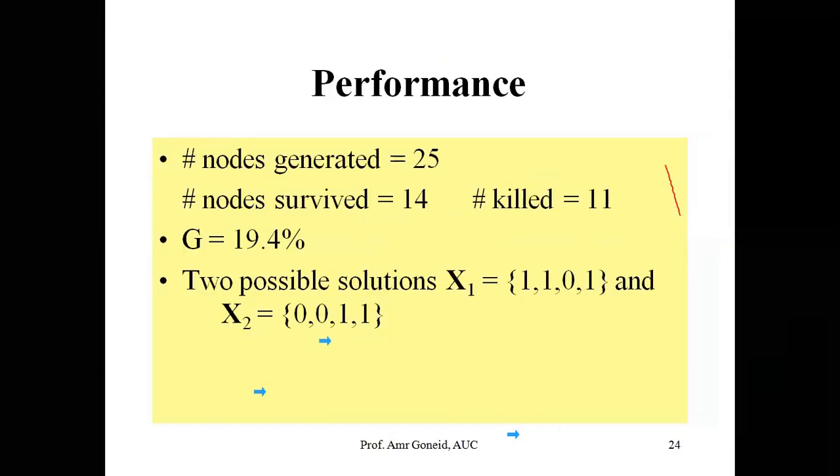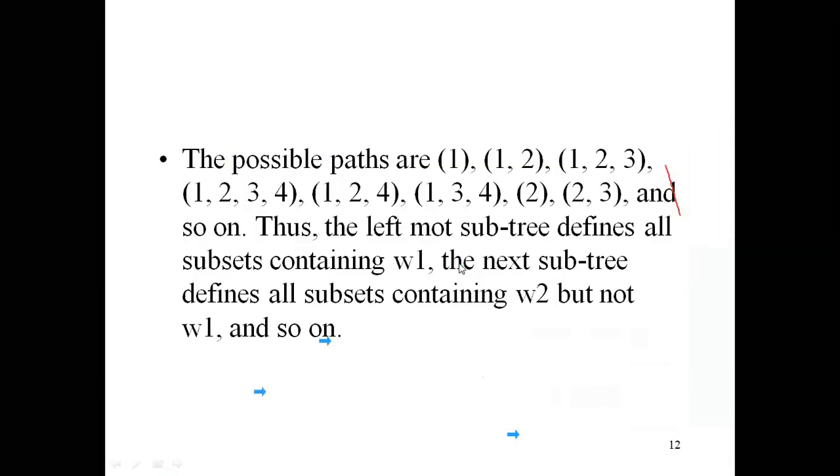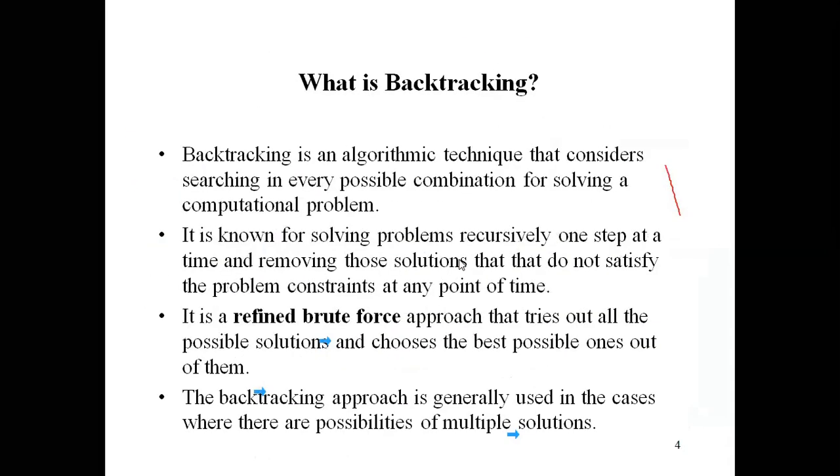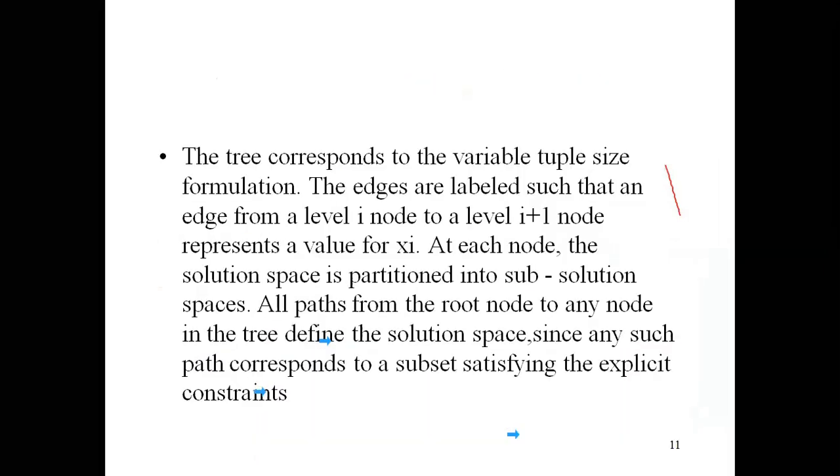We already discussed the 4 elements case: the nodes generated were 25 and the nodes that survived were 14. The remaining paths or nodes are killed. So that is a 19.4% advantage. Okay, this is about the sum of subsets problem. So what is the sum of subsets problem?